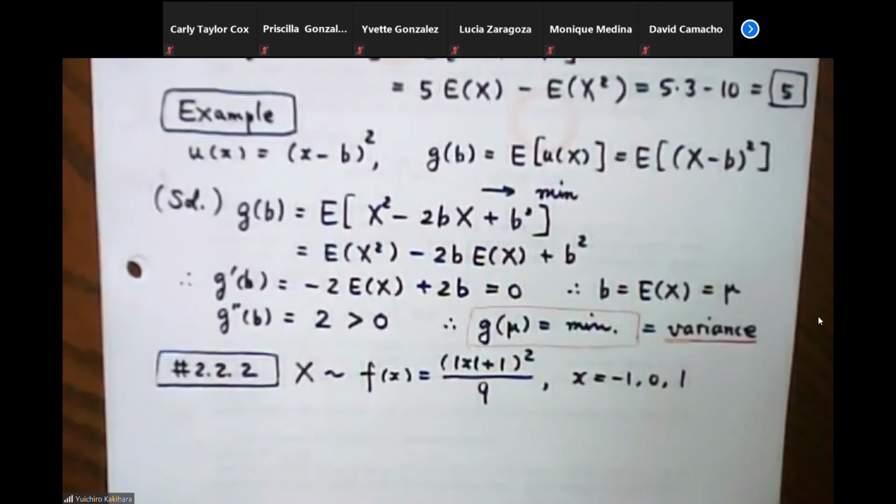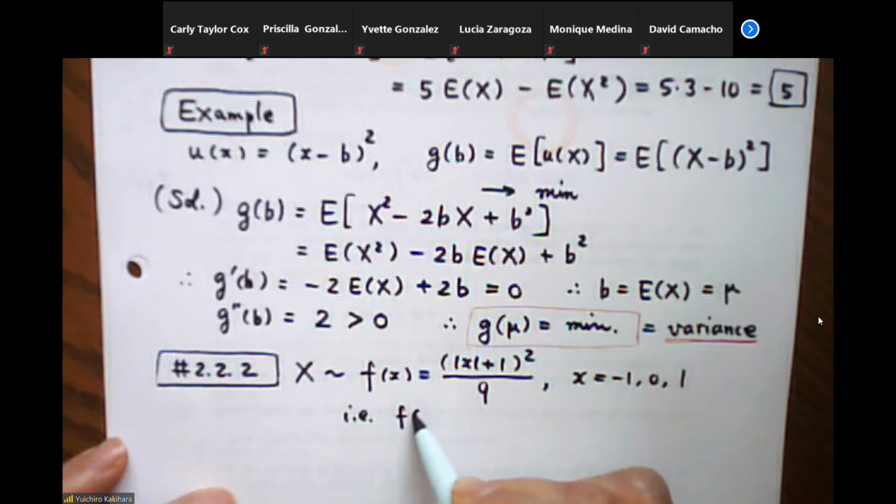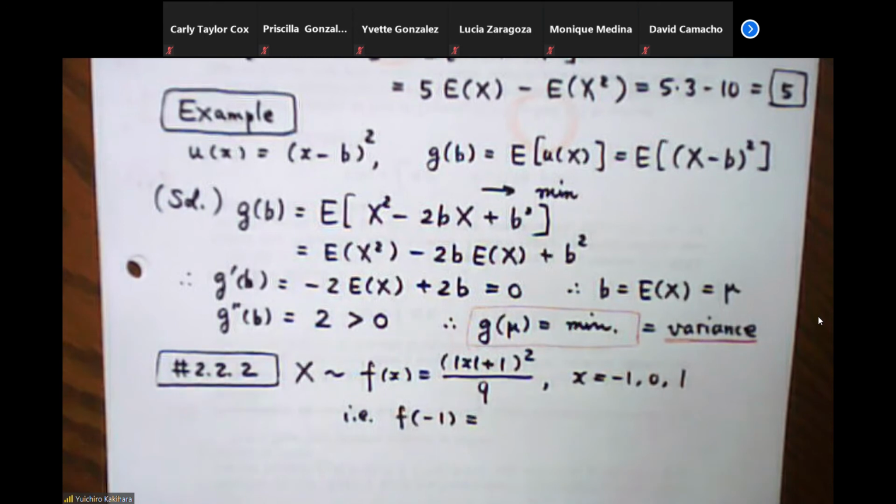This is the probability mass function. What does this mean? That is, what is the value f of negative 1? Negative 1 comes here, that is 1. 1 plus 1 squared is 4, so 4 over 9. So 4 ninths is f of negative 1.